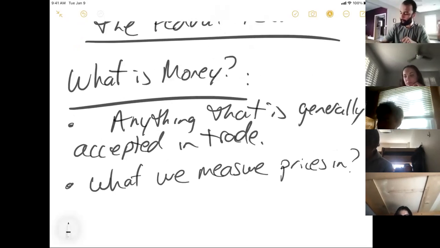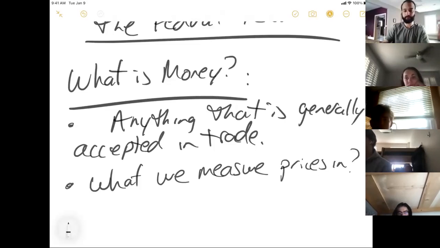So that's how we measure prices, in something that is generally accepted in trade. So right off the bat, don't fall into the trap of confusing money with income or money with wealth, because they are not the same things. You can have an income and have no money, right? Or you can have some money but no income, right? So these are different things, right? Anything that is generally accepted in trade.